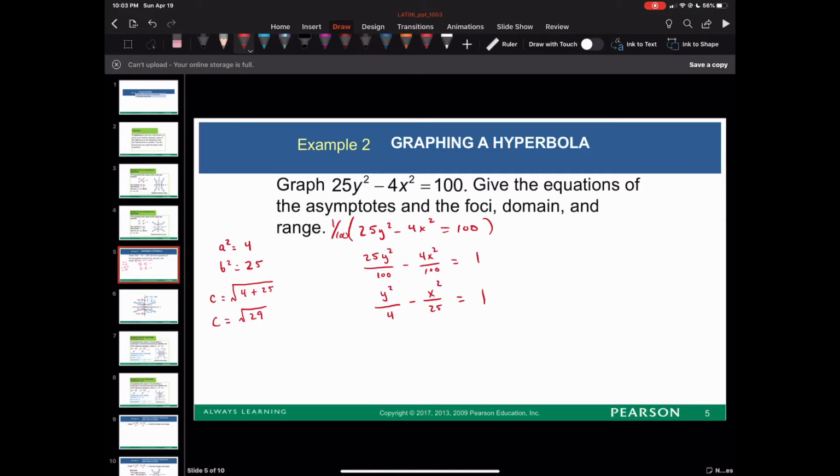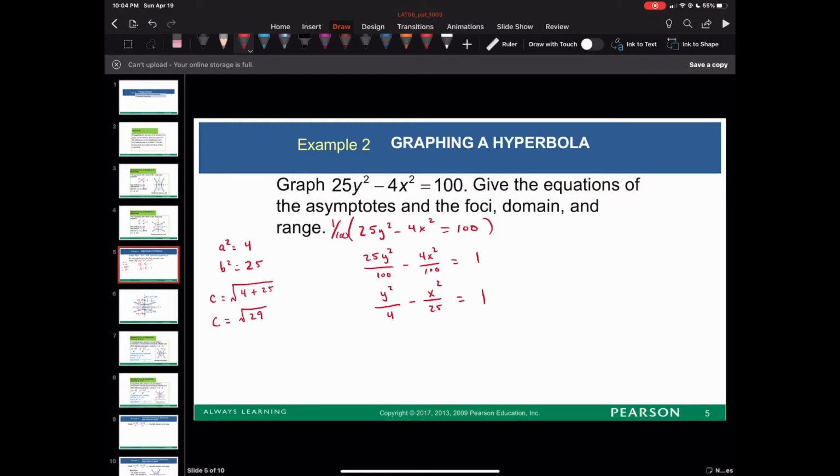All right? So now we also have to find our asymptotes. So remember with this one, since we have the y is equal to, we need to go ahead and put a over b.